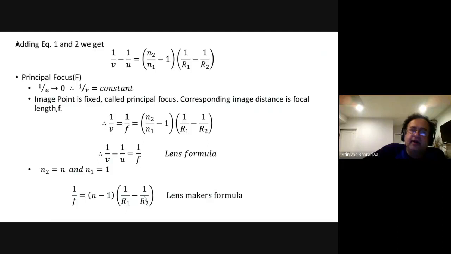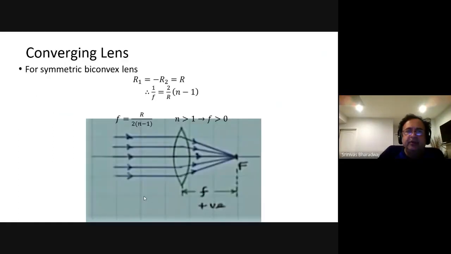Now let's say R1 and R2 are the same magnitude, so the terms become additive. If R1 equals minus R2 equals R, you end up with 1 by f equals 2 by R times (n minus 1). If n is 1.5, the focal length equals R divided by 2 times (n minus 1).